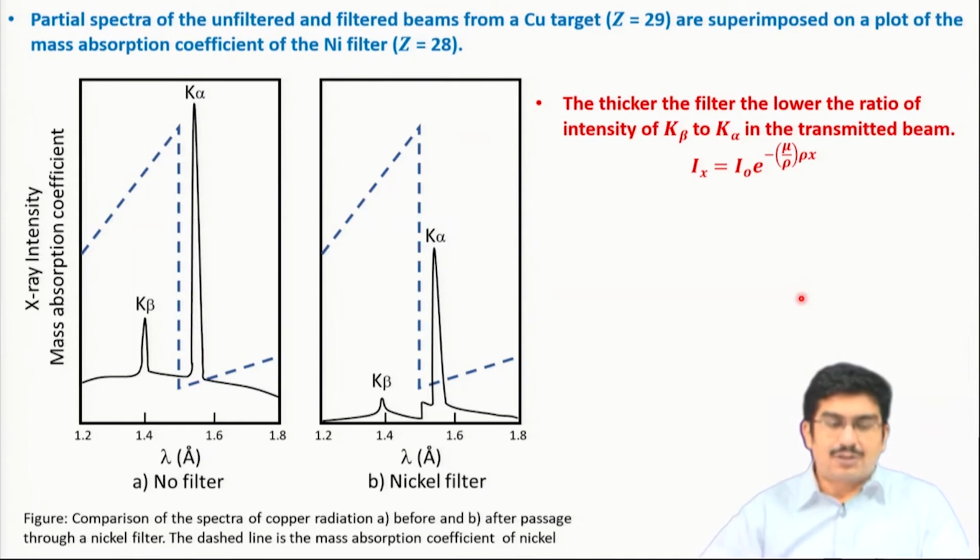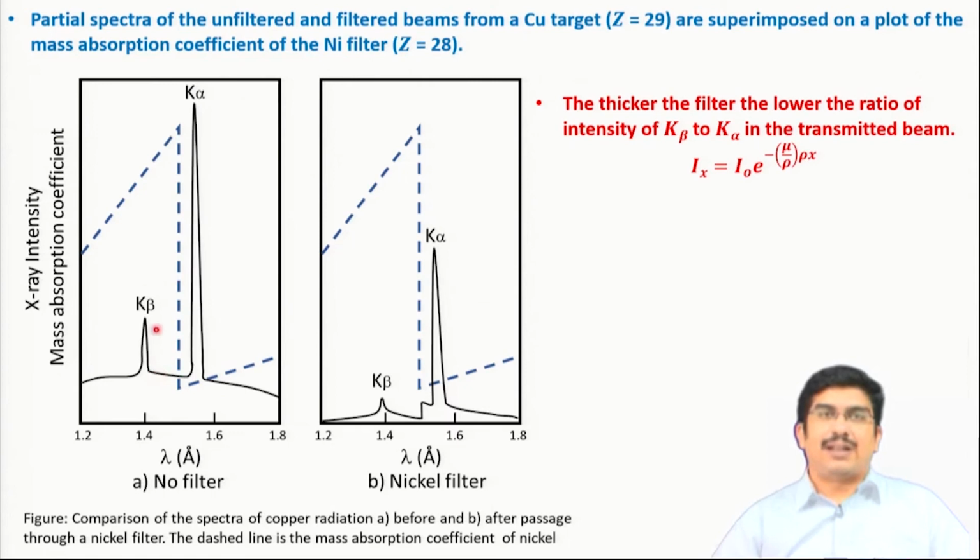Okay. This example again is for a copper target and a nickel filter, and this is how the characteristic spectrum of copper looks initially: K alpha and K beta, where K beta is quite large compared to the K alpha line.